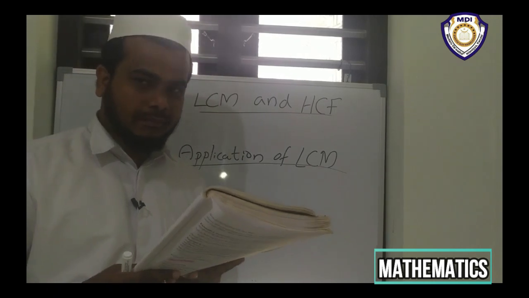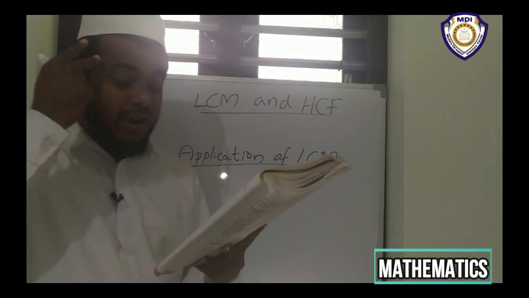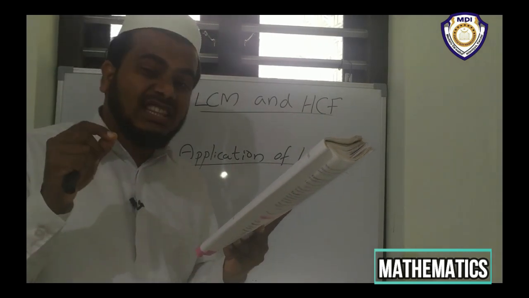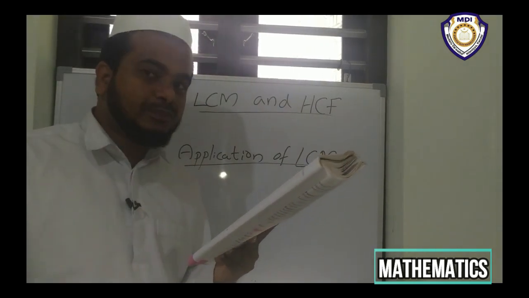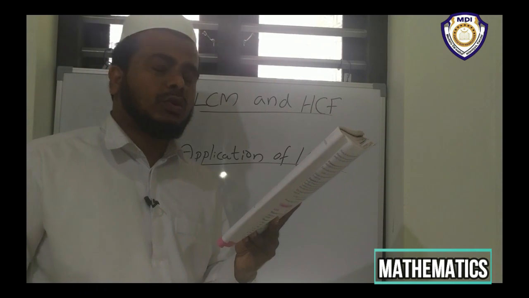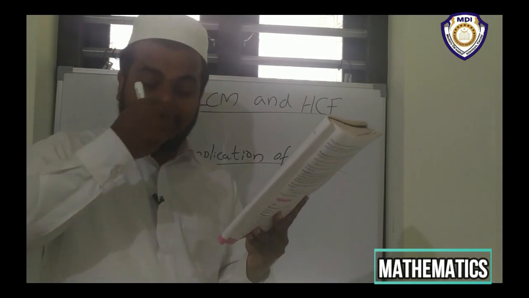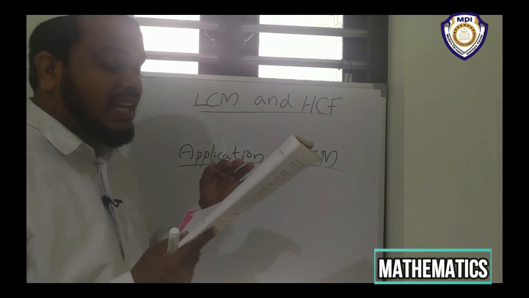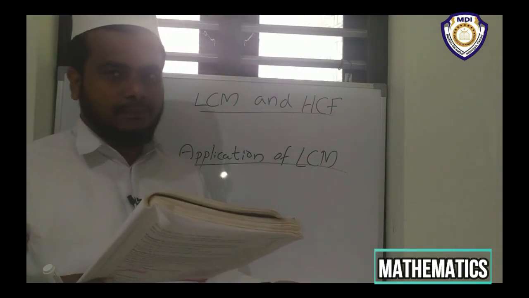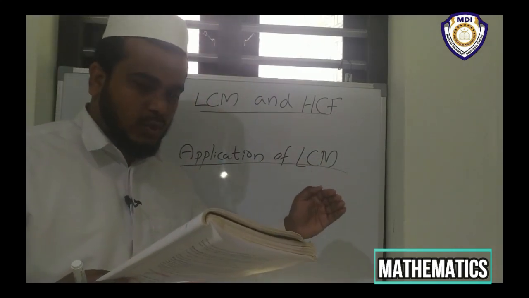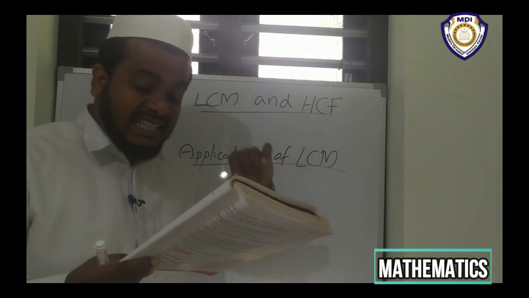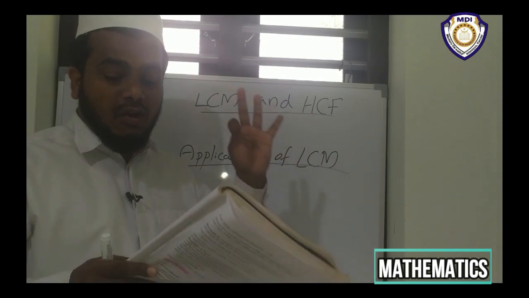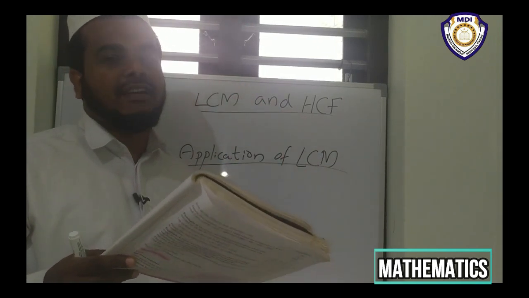Okay, the question is to find two numbers nearest to 10,000 which are exactly divisible by 2, 3, 4, 5, 6, 7.